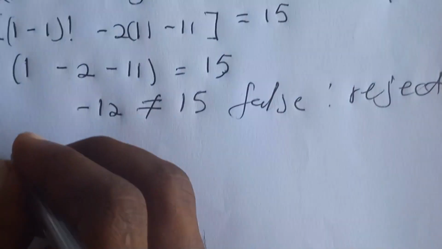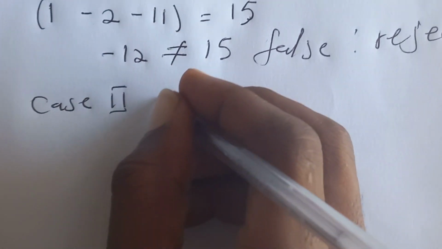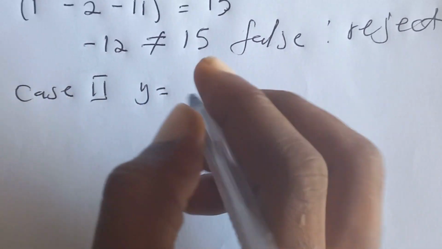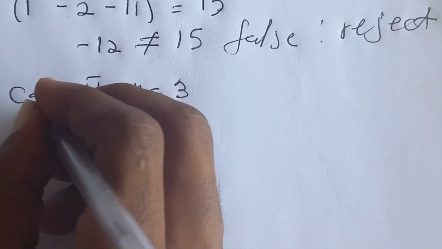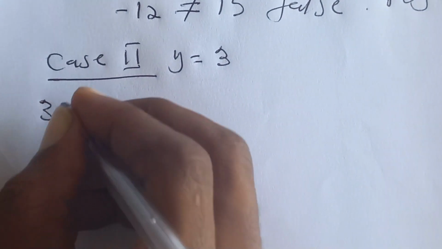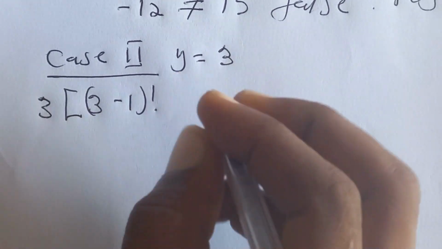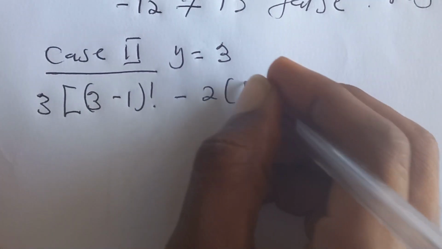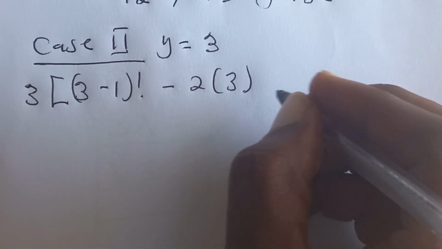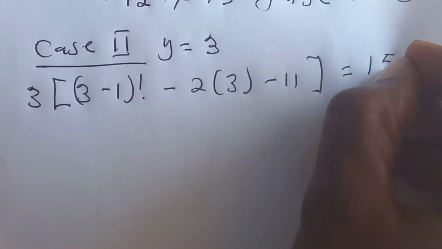Now let's go to case 2, when y is equal to 3. With this, we have 3 times (3 minus 1) factorial minus 2 times (3 minus 11), and it should be equal to 15.